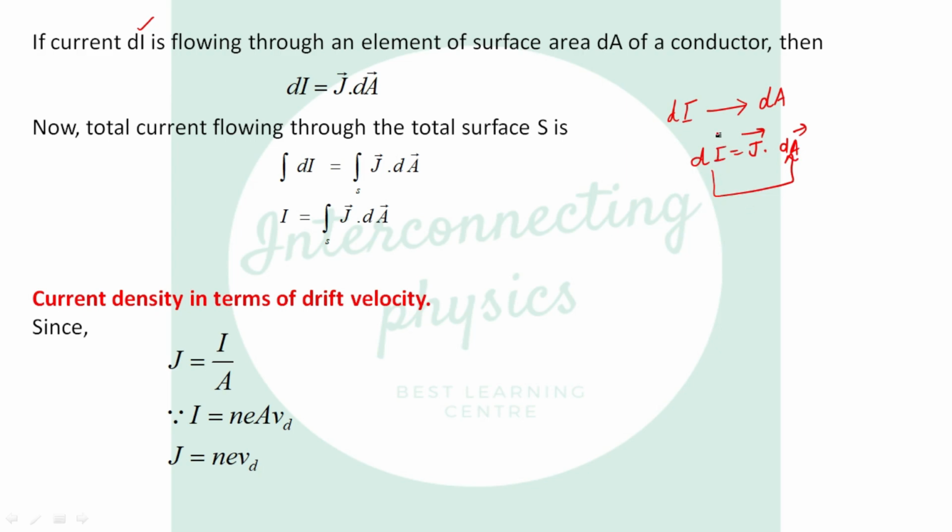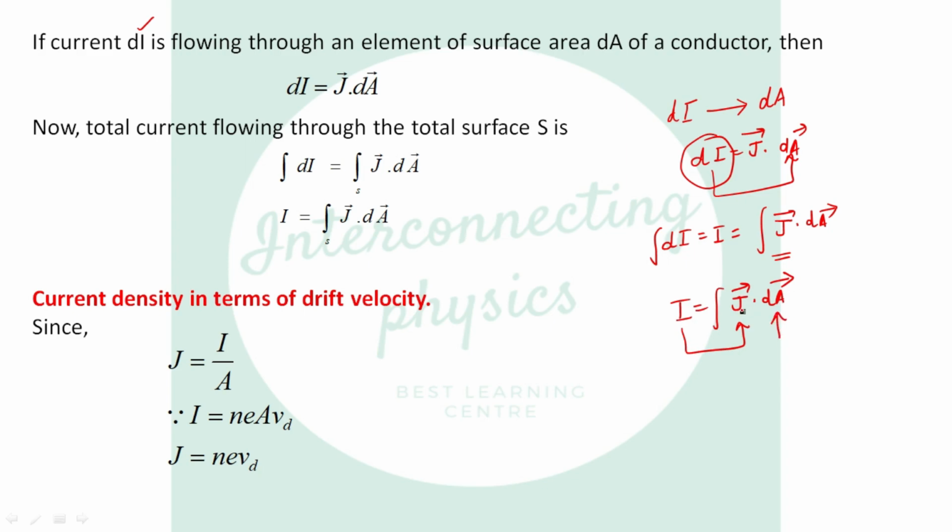Now if we want to calculate the total current through the total surface area, then we integrate this equation, and the integration of dI will be I, which is equal to the integral of J dot dA vector. So current can be written in terms of current density and the area element dA vector.